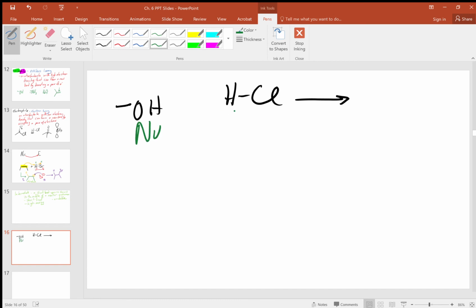And just like in the last example, this hydrogen-chlorine bond is polarized towards the chlorine. So the hydrogen we know is a good electrophile. And we can draw an arrow from our nucleophile attacking our electrophile, which results in breaking the hydrogen-chlorine bond.